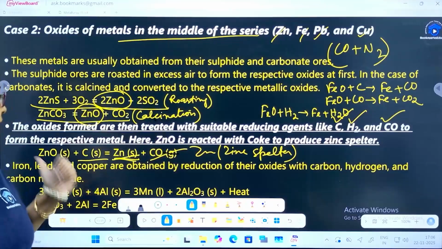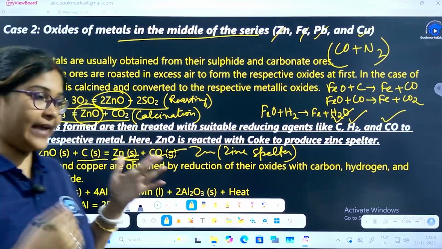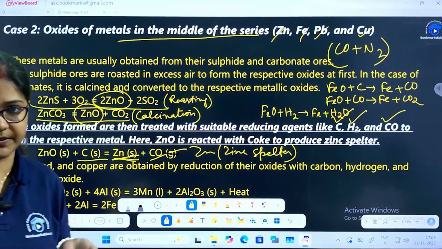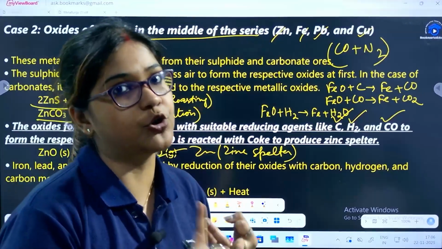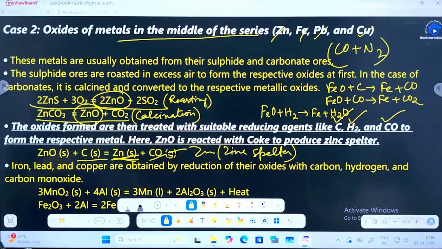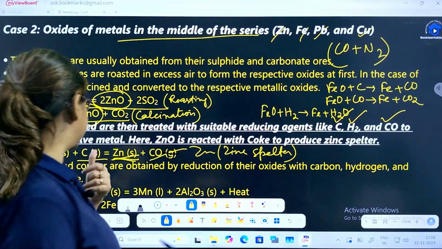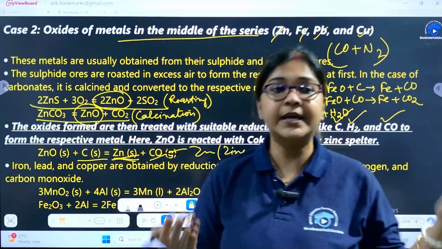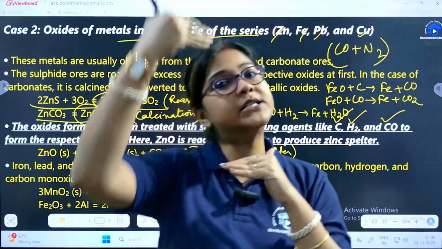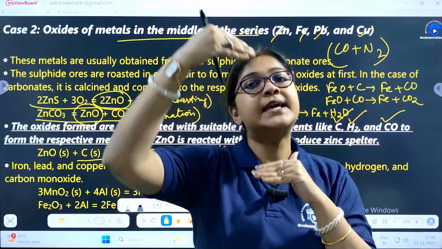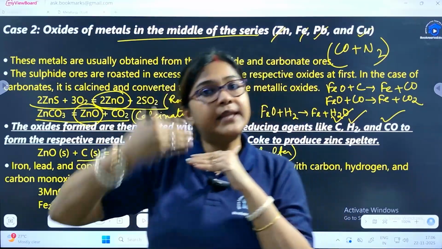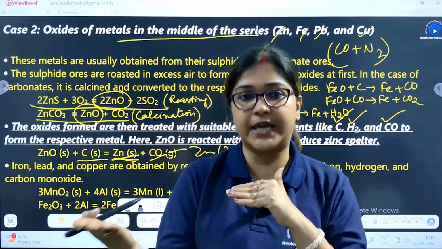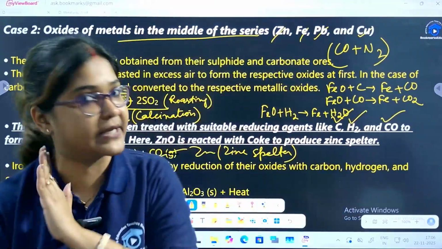So iron, copper, lead, their respective oxides can react with carbon, hydrogen and carbon monoxide and be reduced to obtain the pure metal. Sometimes, as in the displacement reactions I was speaking of, metals that occupy a higher position in the reactivity series than zinc and iron are used as reducing agents for the generation of the respective metal.